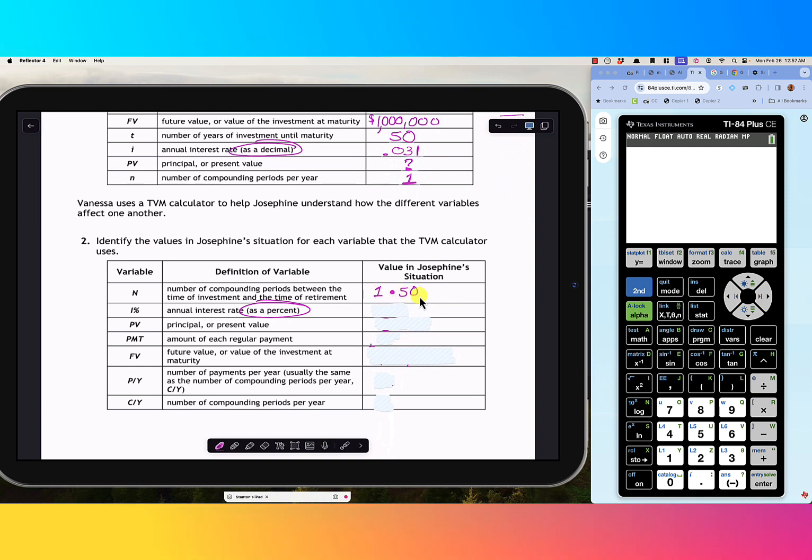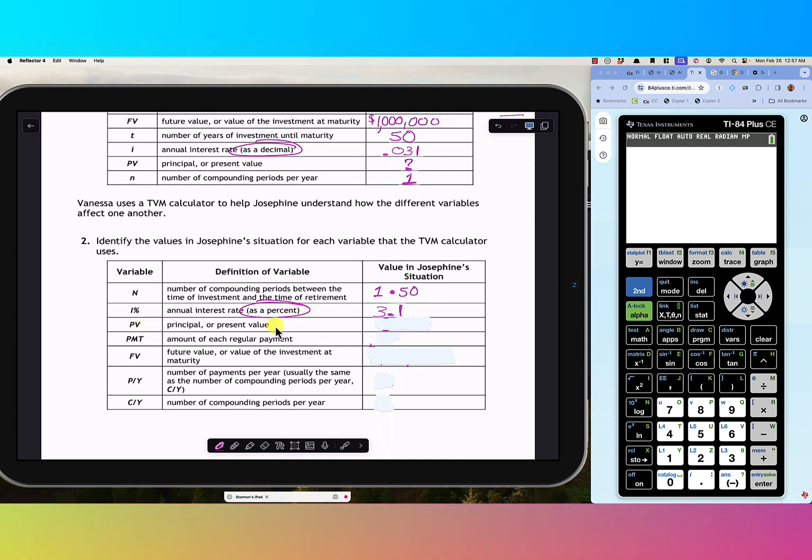And I always tell my students to just go ahead and type it in as is. All right, number of compounding periods per year times number of years, 1 times 50 is what you would type in. Next line, I is the interest rate, in this case as a percent, and that was the current rate of inflation, which is 3.1.